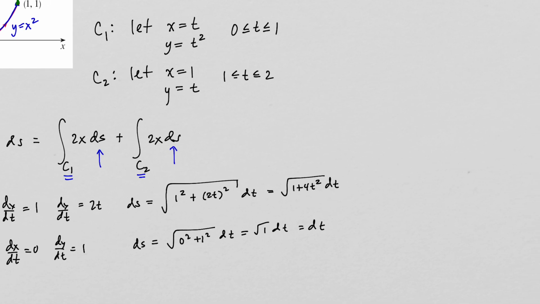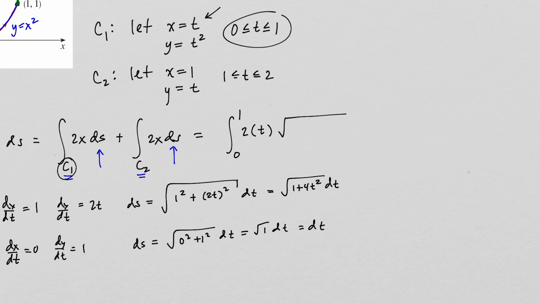So now to do each one of these, we are simply going to integrate along curve 1. We are going from t equals 0 to t equals 1. The function is 2 times x. x is equal to t. And then we have to multiply by the square root of 1 plus 4t squared dt. Right? So I'm just putting this ds in here.